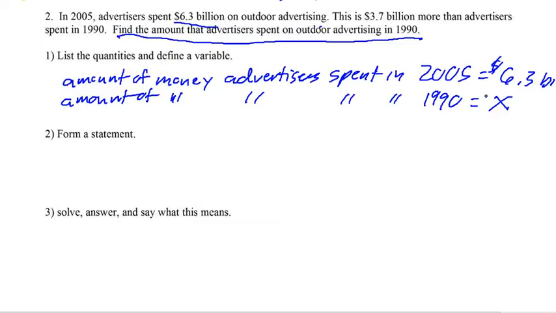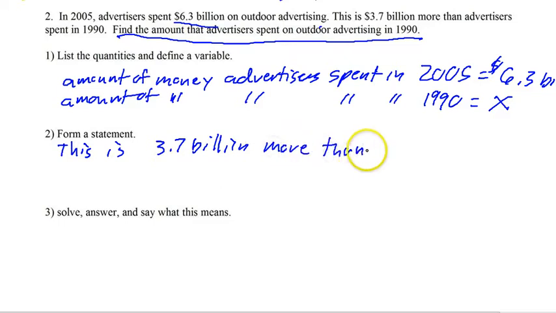Okay? So now we can form a statement. Let's look and see if we have a translation. It says this. Let's write it out. This is 3.7 billion more than advertisers spent in 1990.